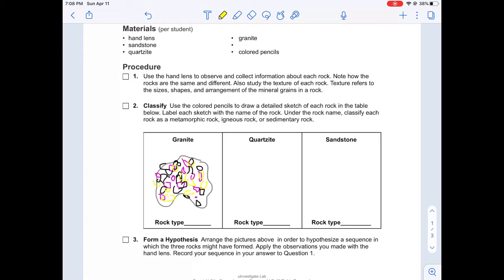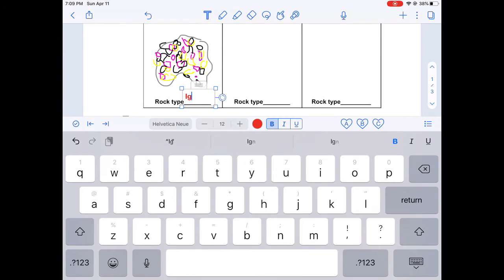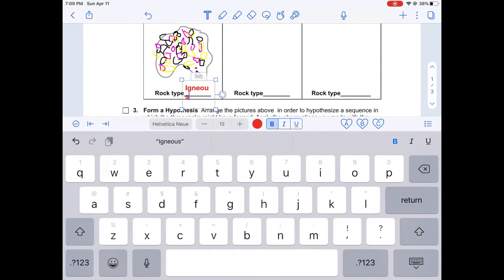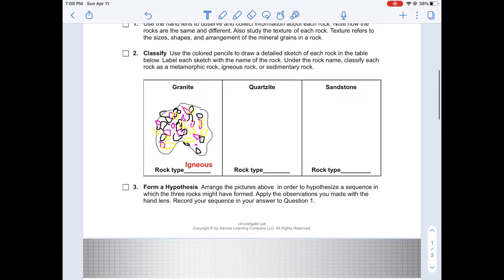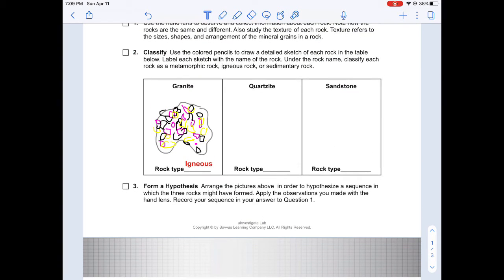So this looks like an igneous rock that formed when it cooled inside the earth, and it cooled very slowly. So I'm going to put igneous. Okay, so for the first part of this lab, just like I showed you here, I want you to draw a sketch of each of the three types of rocks, and I want you to determine the type of rock it is: sedimentary, igneous, or metamorphic.